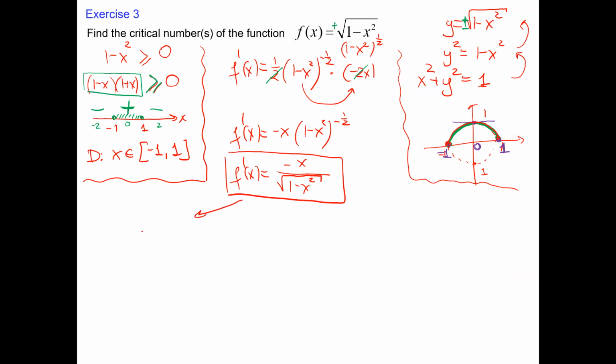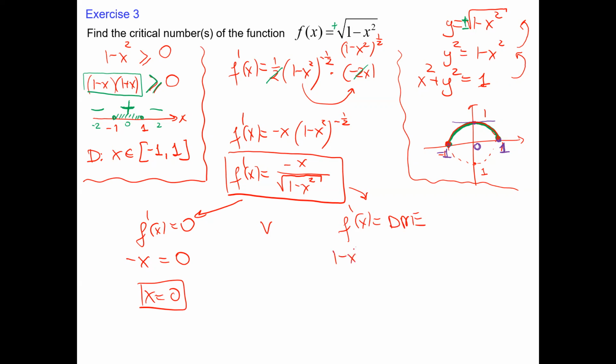And now, the derivative is 0 if that fraction is 0, if the numerator is 0. Okay, and the numerator is 0 if x is 0. Perfect. Or the second condition for the critical numbers, the derivative is undefined if this fraction is undefined. A fraction is undefined if the denominator is 0.